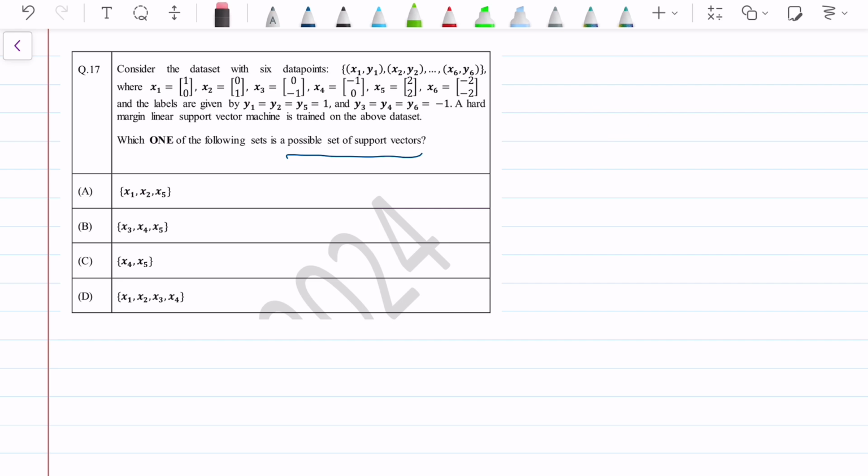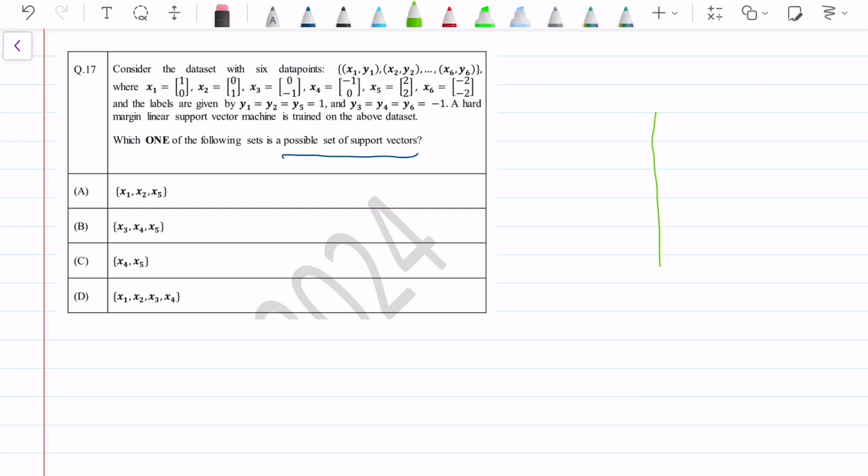Let me have a coordinate plane here and draw the points. x1 is at (1, 0), this is our x1. x2 is at (0, 1), so this is our x2. x3 is at (0, -1), so it will be here, and x4 will be here. x5 will be somewhere around (2, 2), and x6 will be somewhere around (-2, -2).